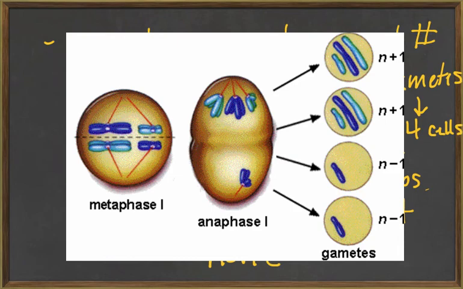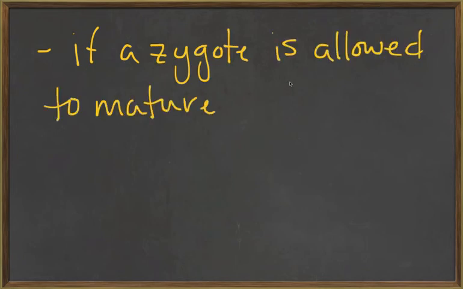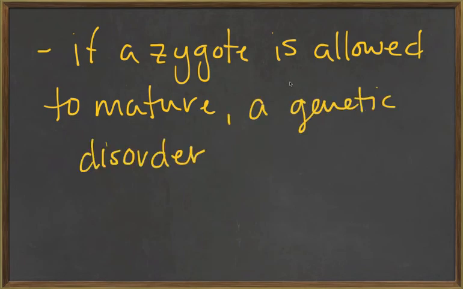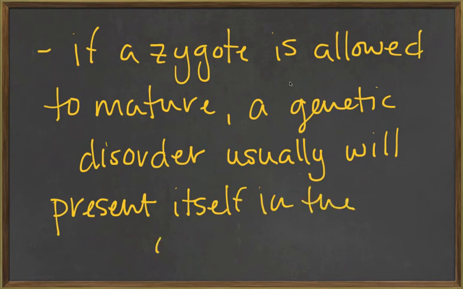So they are 1 chromosome short. If a zygote is allowed to mature, the body doesn't spontaneously abort it, a genetic disorder usually will present itself in the organism.